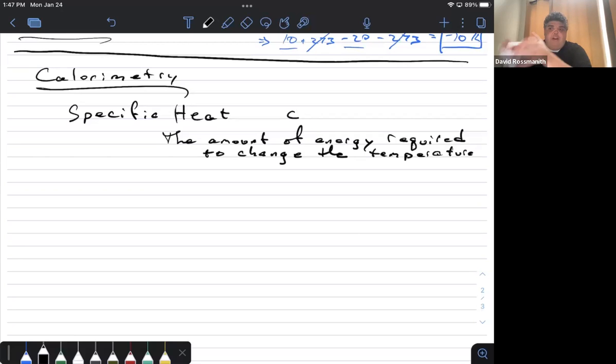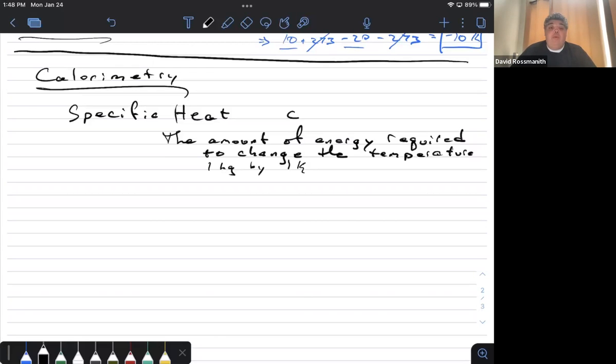Obviously, if you have a heck of a lot of this thing, it's going to take more energy than if you have only a little bit of the thing. So they have to standardize, and they say to change the temperature of 1 kilogram of the object by 1 Kelvin, or 1 degree Celsius, depending if you're a chemist. But we know 1 Kelvin is the same as 1 degree Celsius in terms of change. So that's how we define it.